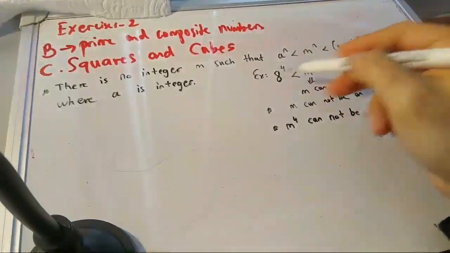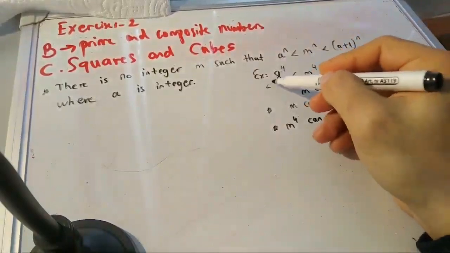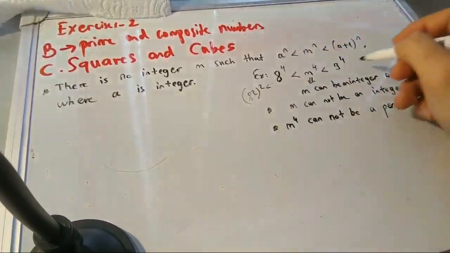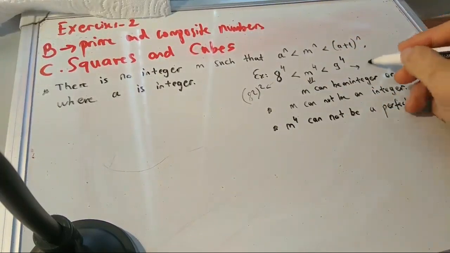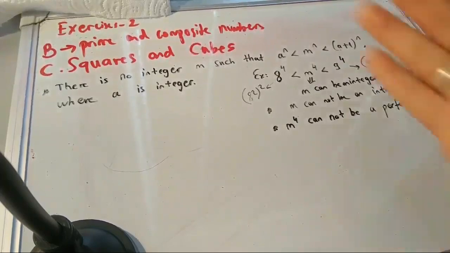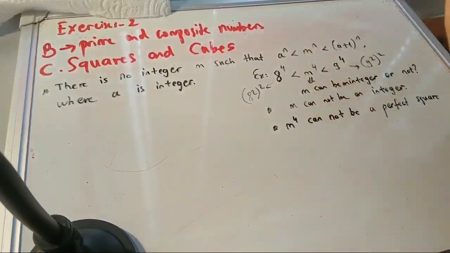These numbers are perfect. For example, 8 to the power of 4, that is 8 squared to the power of 2, is a perfect square. 9 to the power of 4, 9 squared to the power of 2, is the same, perfect. But m to the power of 4 cannot be a perfect square because m cannot be an integer.